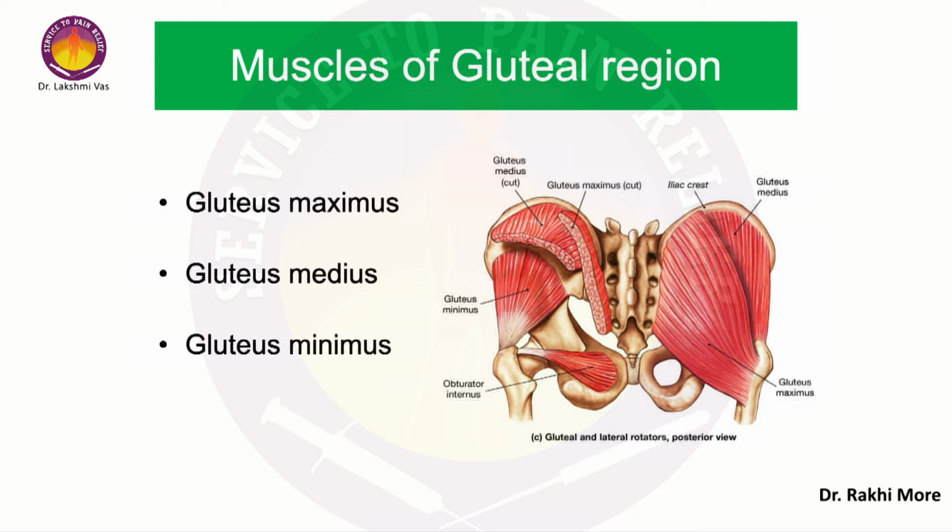That is the gluteus maximus. Insertion is on the iliotibial tract, the majority part, that is three-fourths, on the iliotibial tract, and some part on the gluteal tuberosity on the femur. So these are the points of origin and insertion of the gluteus maximus.